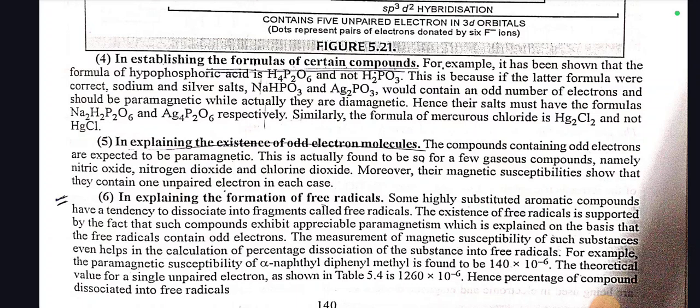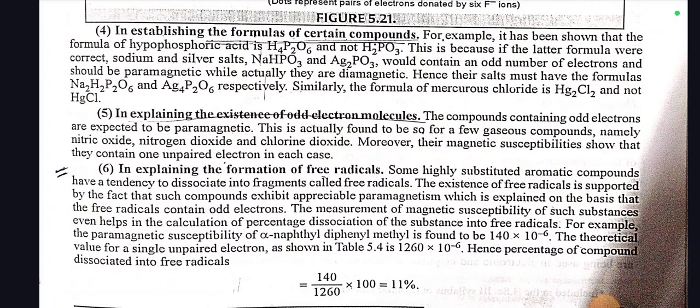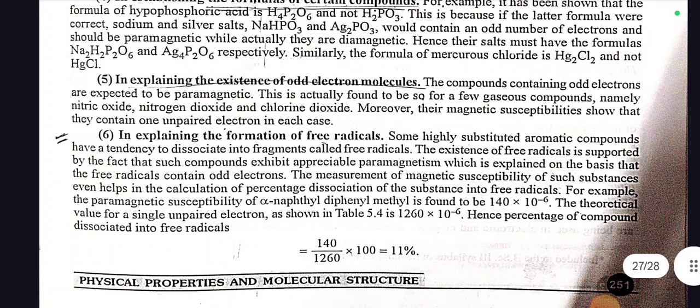Hence, their salts must have the formulas Na2H2P2O6 and Ag4P2O6 respectively. Similarly, the formula of mercurous chloride is Hg2Cl2 and not HgCl.